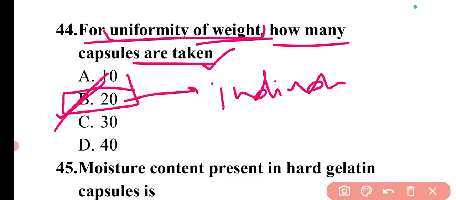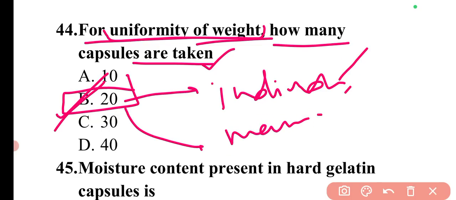Then we will take the overall weight, and we can take the mean weight of the individual capsules. The weight of each capsule should not vary much within the limits as compared to the average weight. So this we will be checking in the uniformity of weight.